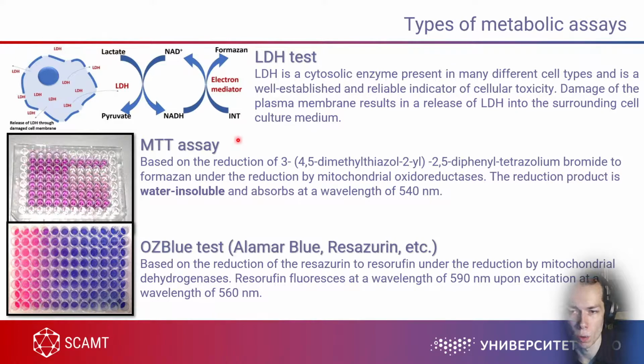But if you look at this, you should understand it's just the activity of mitochondrial enzymes. And these mitochondrial enzymes definitely have something to do with cell viability. But why do these mitochondrial enzymes have low activity or get destroyed? It can happen because of destruction of mitochondria.